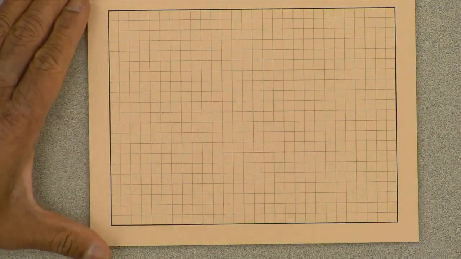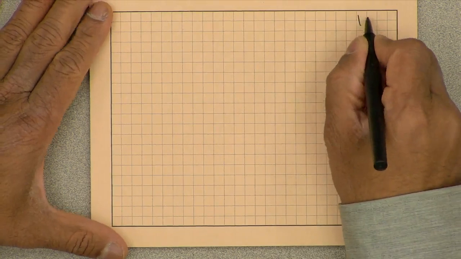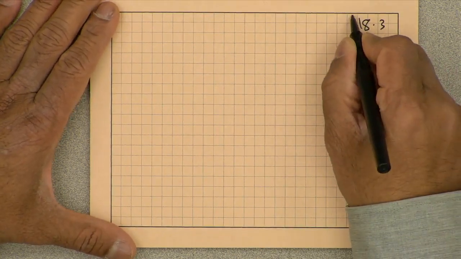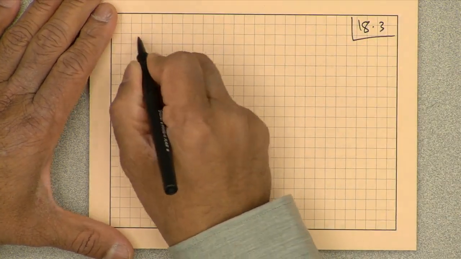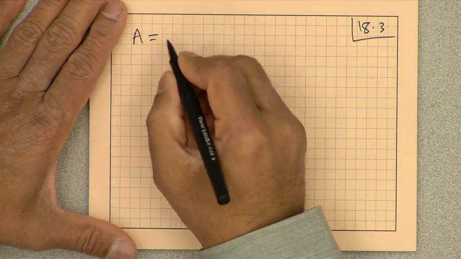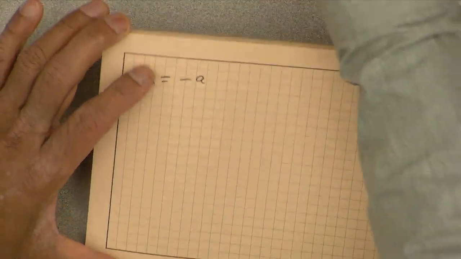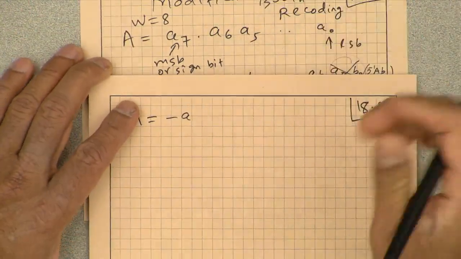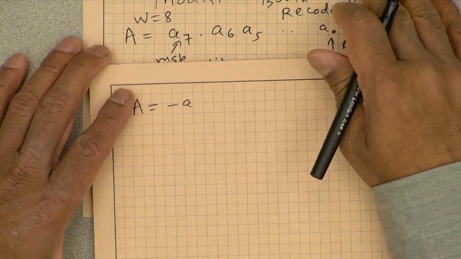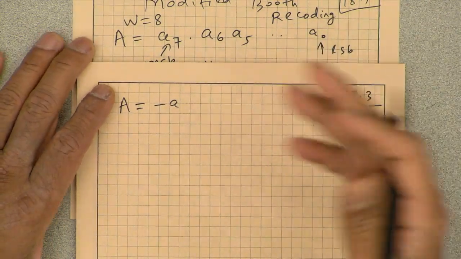How does it achieve that reduction? In the 8-bit example we had, it so happens that we are reducing B to 4 rows instead of A, but it doesn't matter.